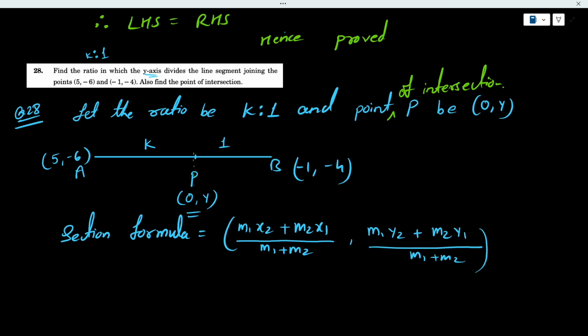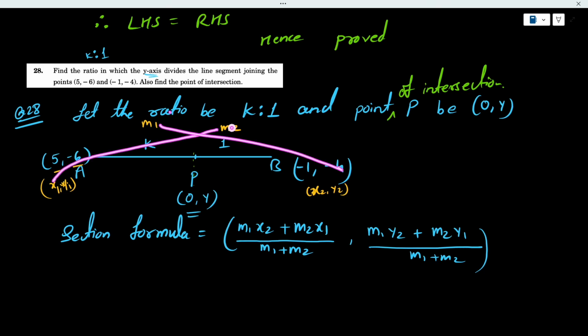What is your m1 here? This is your m1, this is your m2, this is your x1 y1, and this is your x2 y2. More than remembering this formula, you can just remember it as cross multiplication. When you take m1, you multiply with x2. If you take m2, you multiply with x1. Similarly, m1 with y2 and m2 with y1.